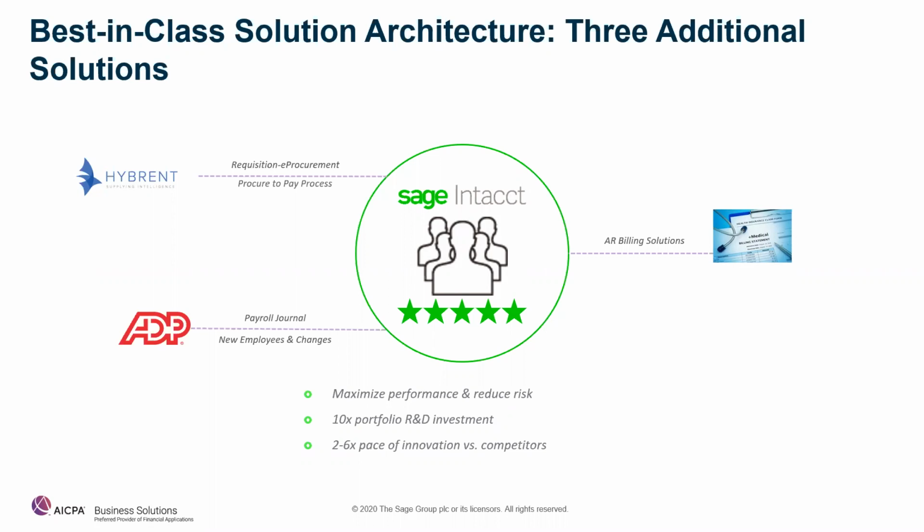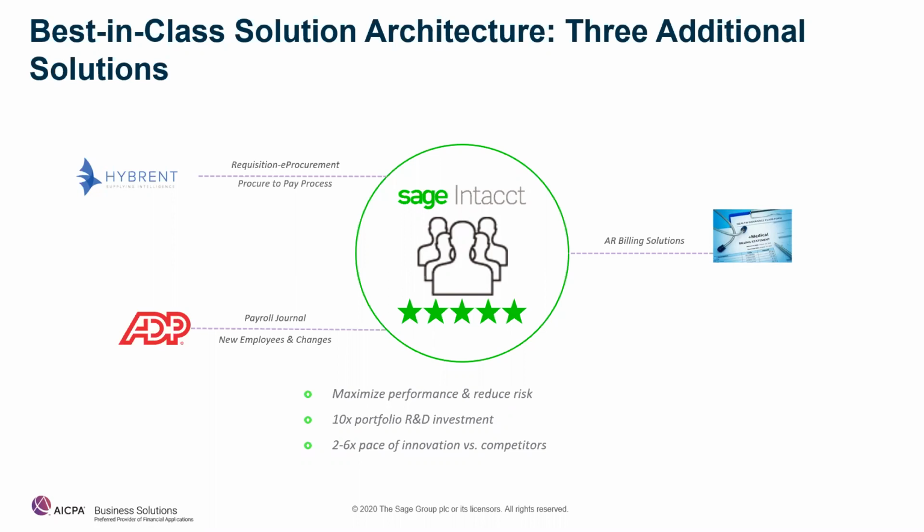What we do at Sage Intacct is financial management. That is our best-in-class. That's what we do best. And because of that, we align ourselves with other best-in-class applications to provide you with the best solution end to end.